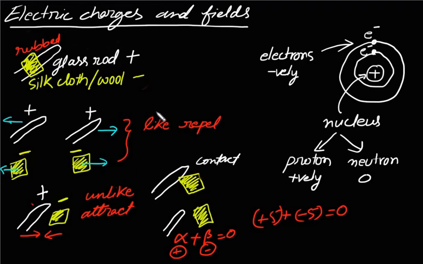Today science has grown enough and we know that when silk cloth is rubbed on a glass rod, exchange of electrons takes place, right? So let's clear this.